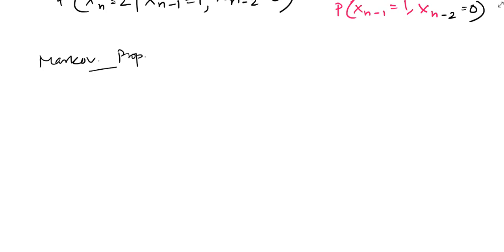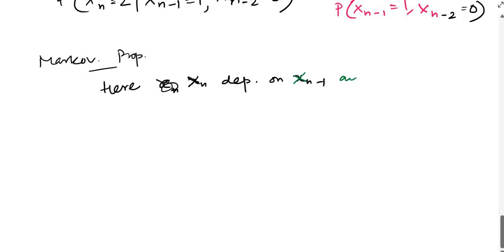So here Xn depends on X(n-1) and potentially, Xn means capital Xn, right? So Xn means capital Xn and potentially X(n-2).